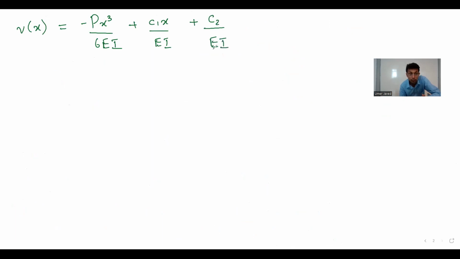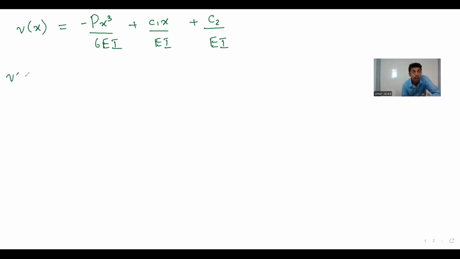So what was the V? V(x) is equal to negative Px³ over 6EI plus C1x over EI plus C2 over EI, right?